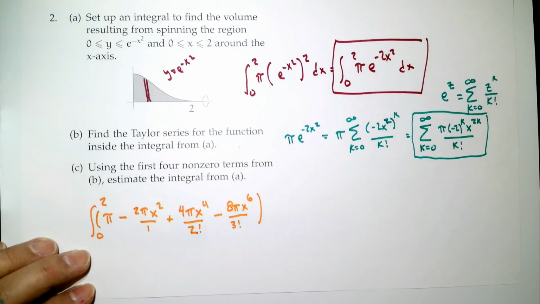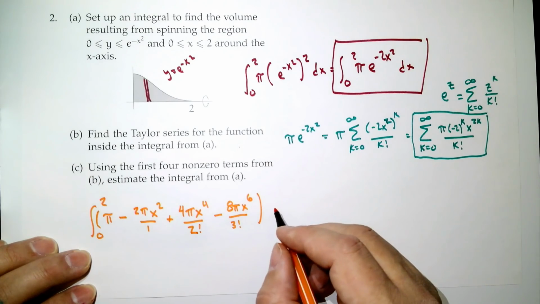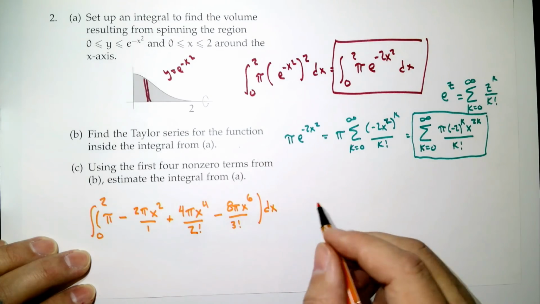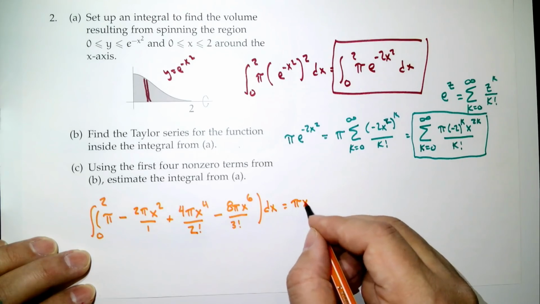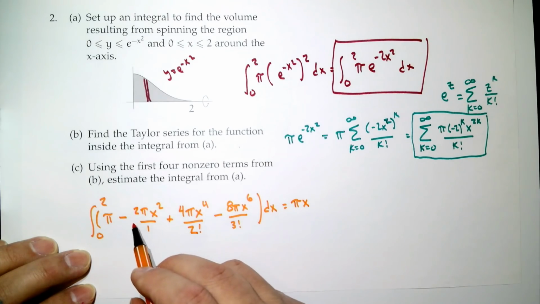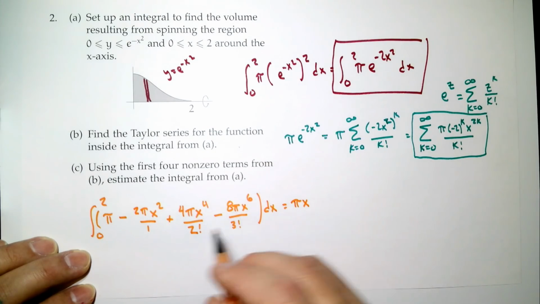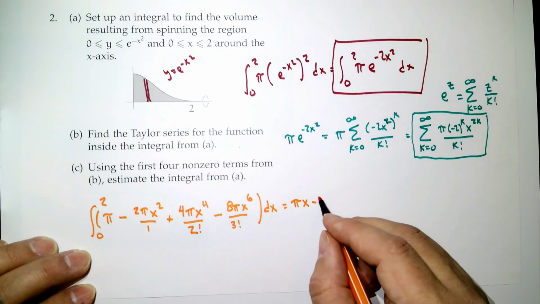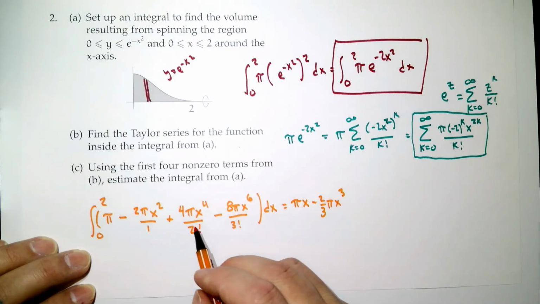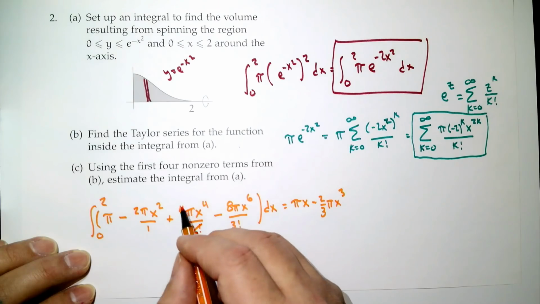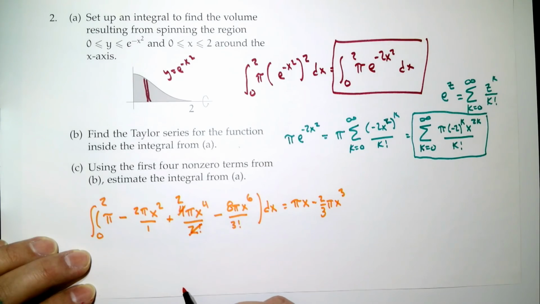Now, how do we do this now? We're not actually done yet. We need to estimate the integral. Okay, so we just go through and integrate. Pi times x, that's the first term. The next term, add 1, that'll be an x cubed divided by 3, so minus 2/3 pi x cubed. Next one, well, notice I can actually clean this up. 2 factorial is 2, so let's put a 2 there. So then it'll be x to the 5th divided by 5.